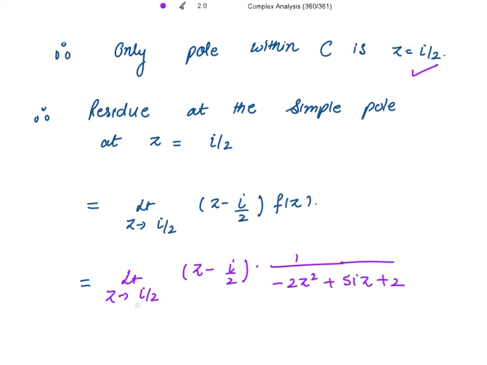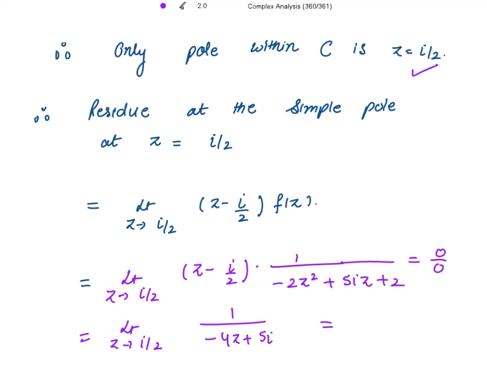And we know that iota by 2 is a root of this quadratic equation. So when we put z equal to iota by 2 in the numerator and denominator, we get the 0 by 0 form. So now we have to apply L'Hopital's rule over here, and for that just differentiate the numerator with respect to z, that is 1, and differentiating the denominator with respect to z, we get minus 4z plus 5 iota, right?